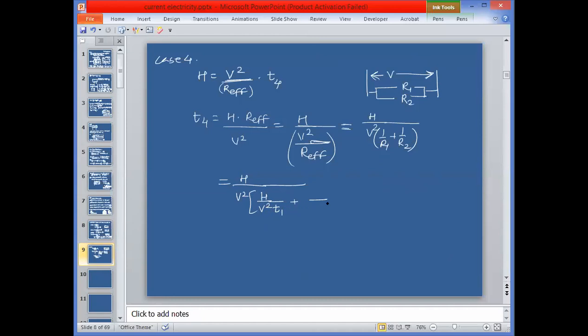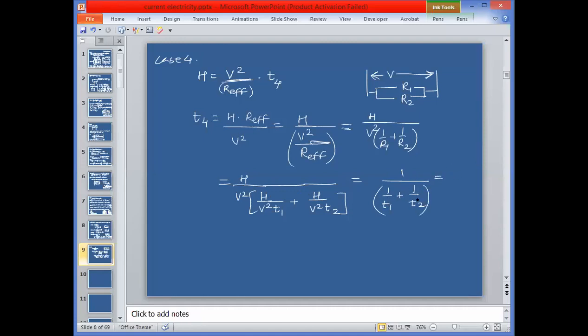Obviously V square T2 upon H, that upon H will go in the numerator. Now H is common, V square is common, so V square cancels and H cancels. So 1 divided by (1 by T1 plus 1 by T2).